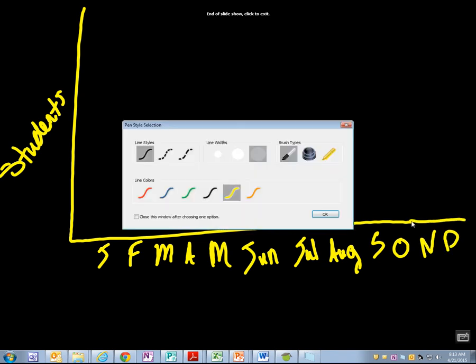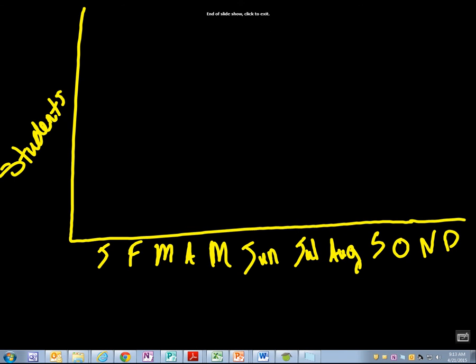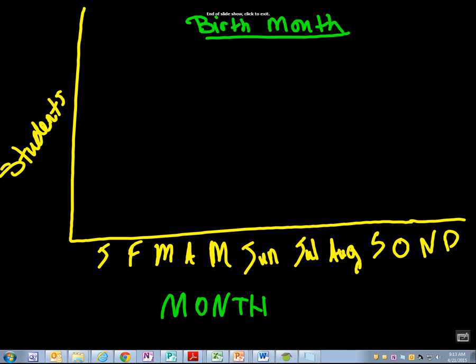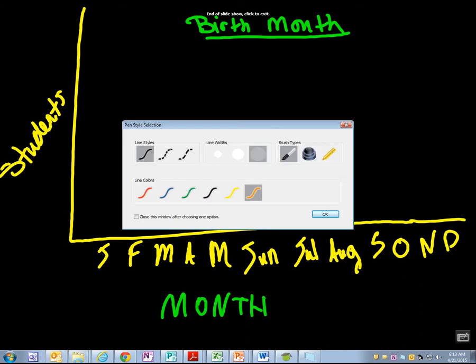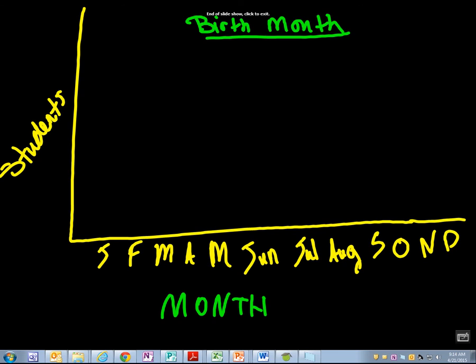All right, so we're going to do a line plot for birth month. I'm going to move this a little bit so I can move around. I'm going to start on the right side. Let's make it nice and colorful. I'm going to start at that table and go around. I'm going to try to do this quickly.